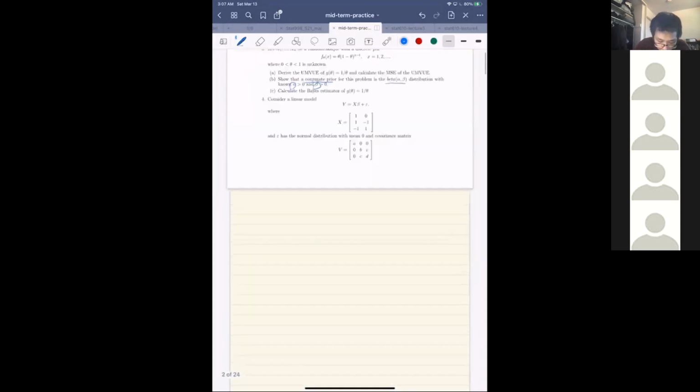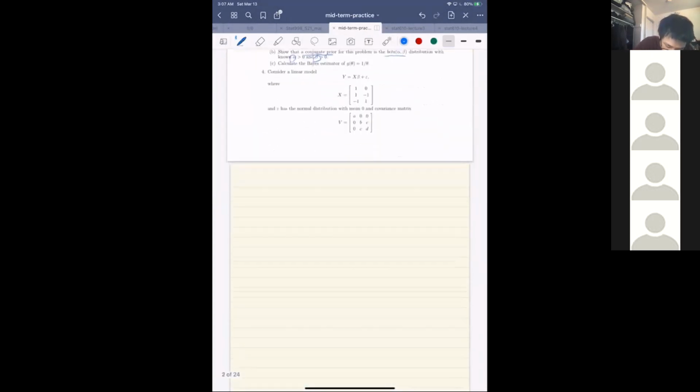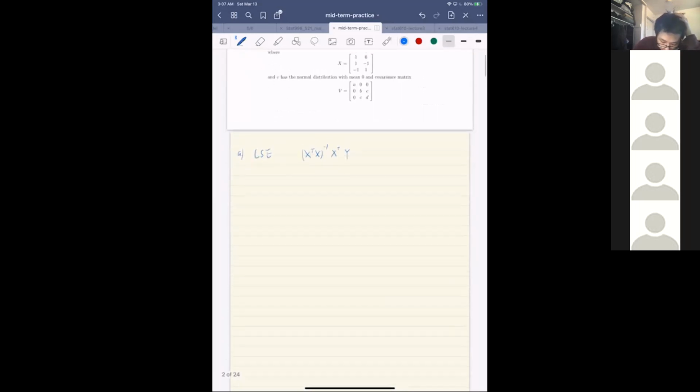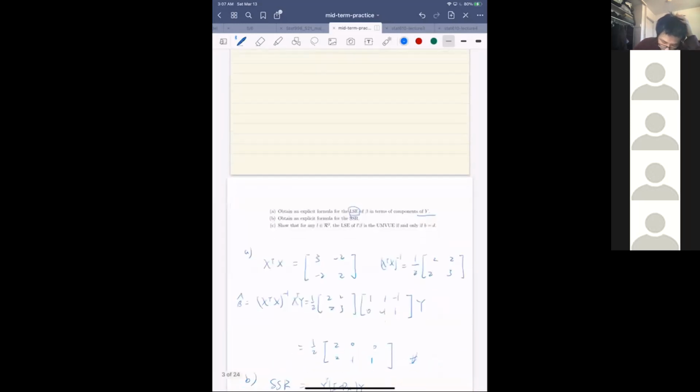Also, this is some calculation. So the least squares estimator is X transpose X inverse X transpose Y. So we have to find this. Okay. So first X transpose X is equal to this.